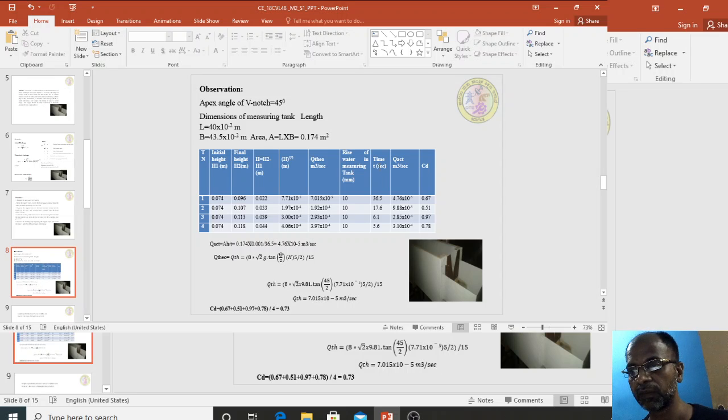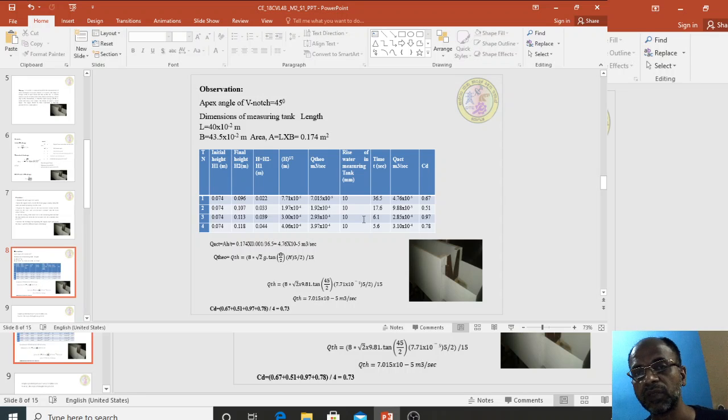Therefore, more time has been taken to raise the water in the tank to a height of 10 mm, or whatever height you require. We take this as an example. Second trial, valve opening is 50%, so the time required to fill the tank to a height of 10 mm is reduced to almost half, 17.6.